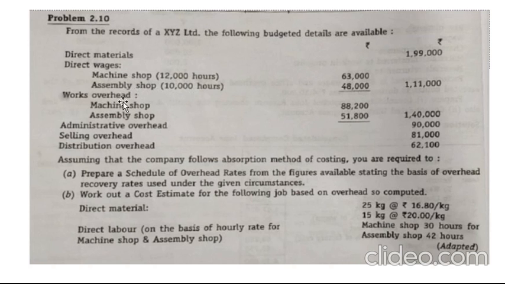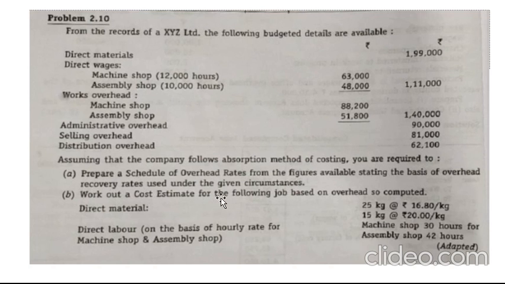Then works overhead for machine shop and assembly shop is given here. Then administration overhead, selling overhead and distribution overhead are given. Assuming that the company follows the absorption method of costing, you are required to prepare scheduled overhead rates from the figures available, stating the basis of overhead recovery rates used under the given circumstances.